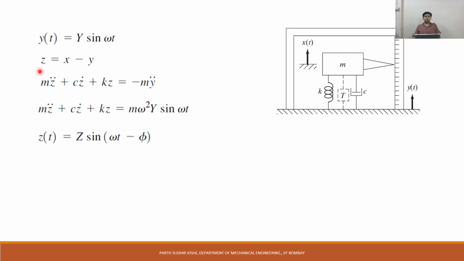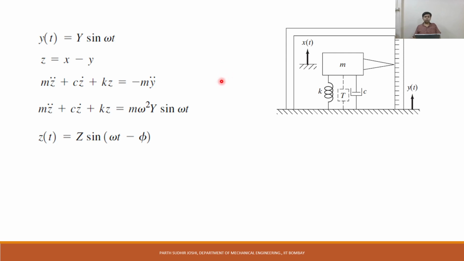We define a relative displacement z, which is the difference between x and y, so x minus y. That is the relative displacement that is actually being measured.